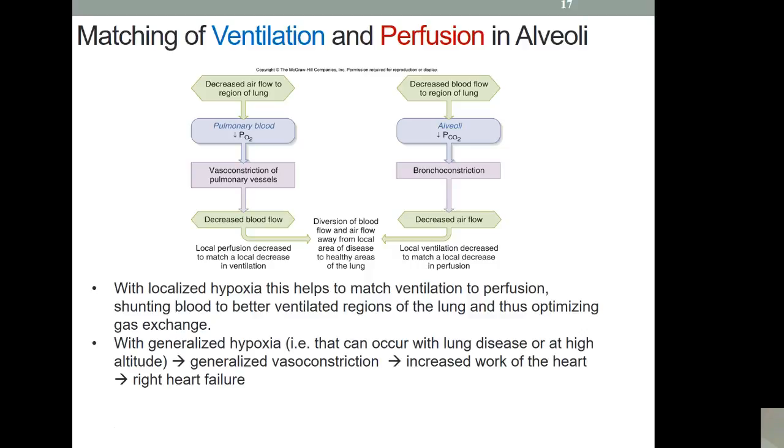It is this hypoxic pulmonary vasoconstriction that accounts for the high pulmonary vascular resistance in the fetal circulation. So remember, the fetal lungs don't get oxygen. The fetus gets oxygen from the placenta from the mother. So that low oxygen content in the lungs of the fetus causes widespread, in this case, hypoxic pulmonary vasoconstriction in the lungs.